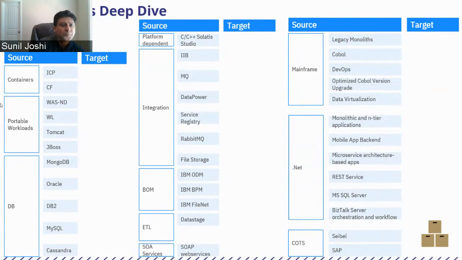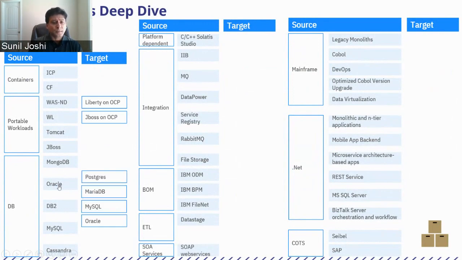For example, for portable workloads, if you're looking at, let's just say, WebSphere type deployment, typically you have patterns. This is not an all exhaustive catalog. I'm just giving you some illustrative examples, right? So you could take it and put it on an OpenShift container platform on a Liberty runtime, for example.